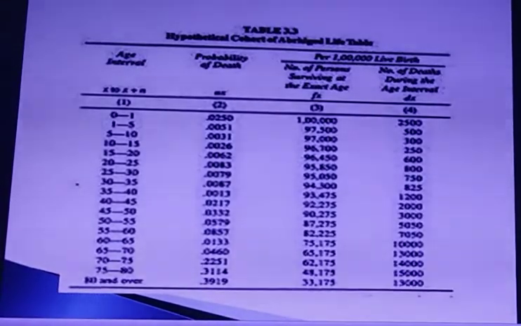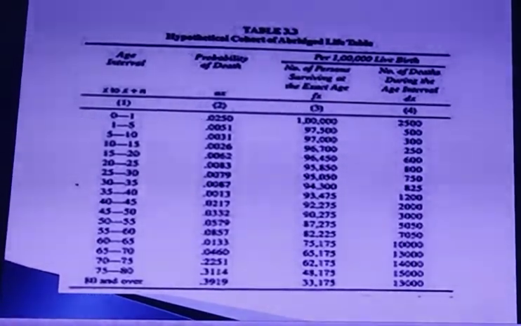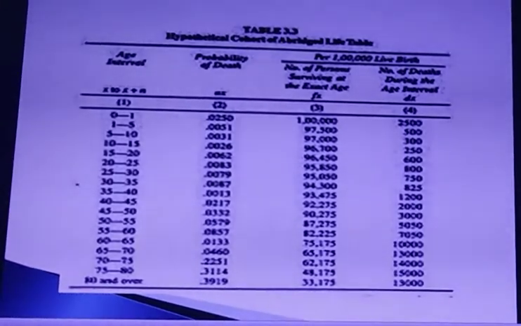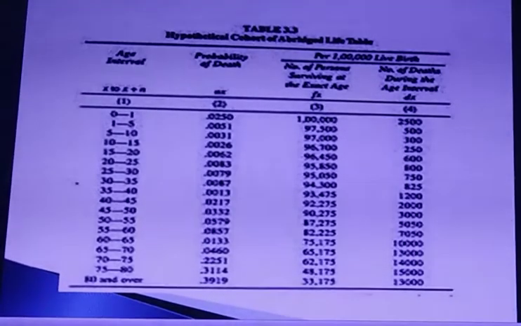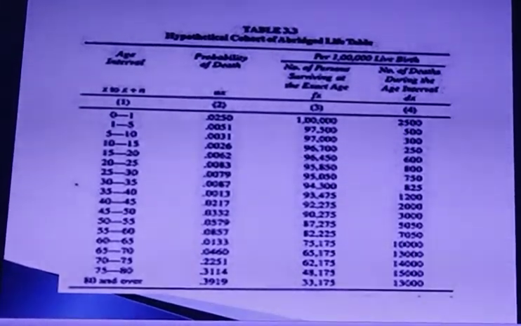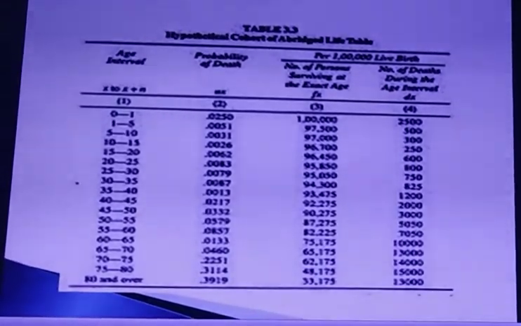That is, as you see in this table, the first column denotes the age, that is from 0 to 1 year, from 1 to 5 years, 5 to 10 years, 10 to 15 years, 15 to 20 years, and so on. And the probability of death is calculated and is shown in the second column.